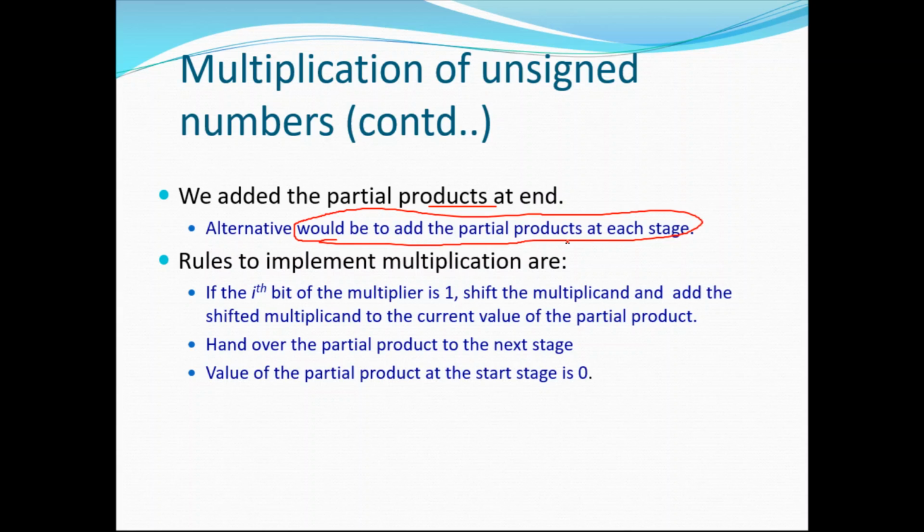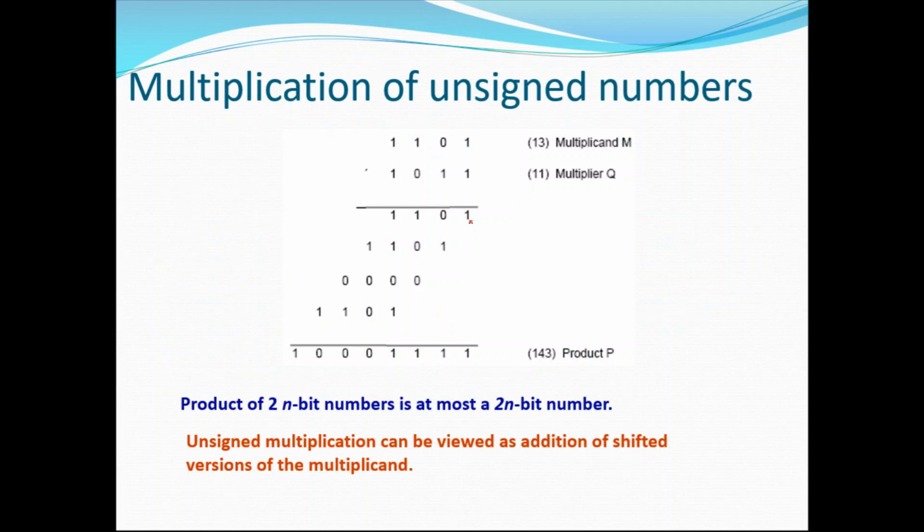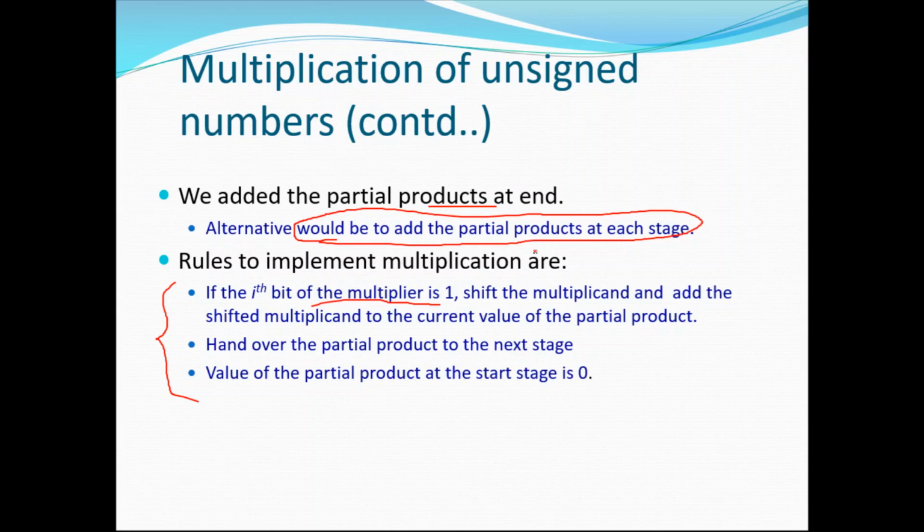So these are the rules to implement multiplication. If the ith bit of the multiplier is 1, shift the multiplicand by i times and add the shifted multiplicand to the current value of the partial product, and hand over the partial product to the next stage.